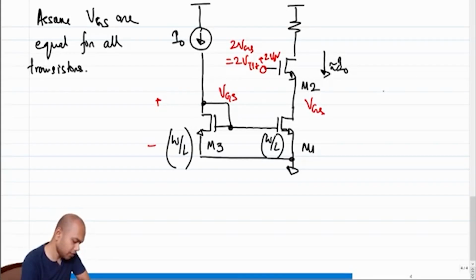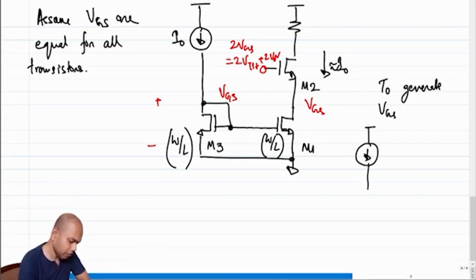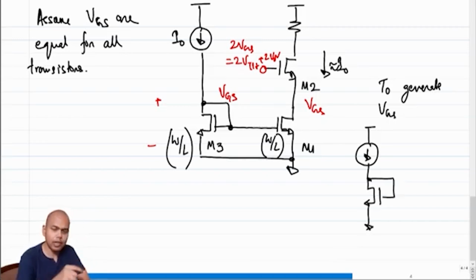To generate one VGS, the modus operandi was push the required current into the transistor and have a feedback by connecting the drain and the gate, right? So this is an automatic generation of the required VGS. So how do I generate two VGS?